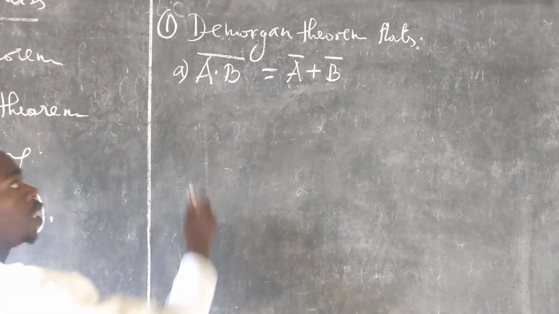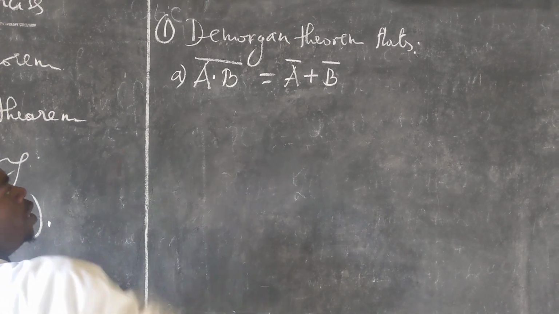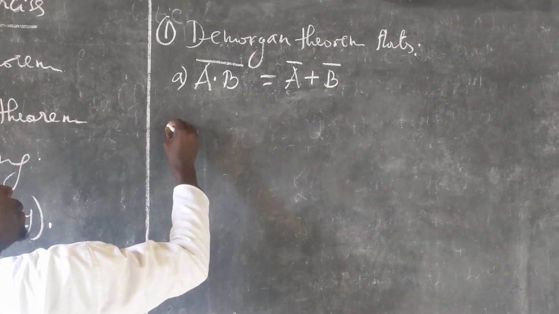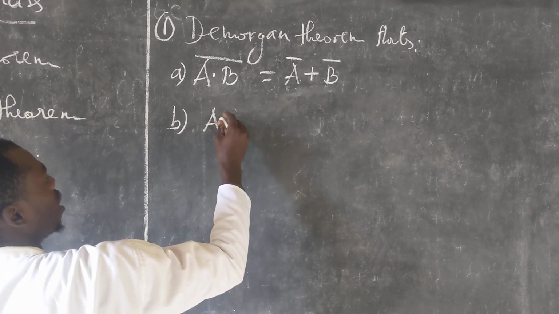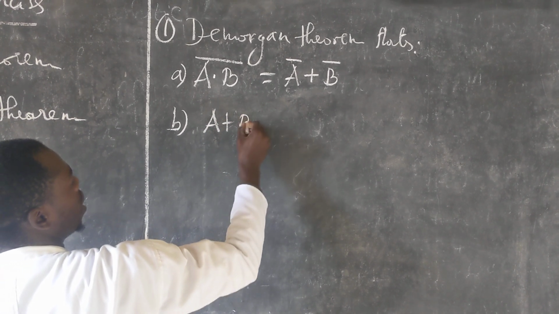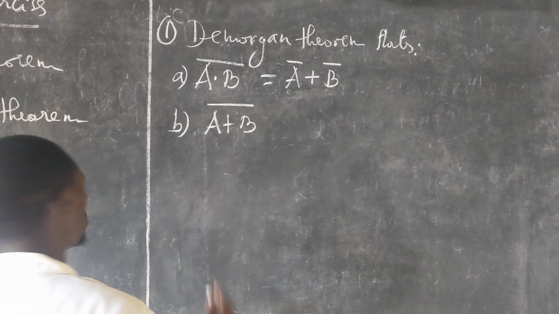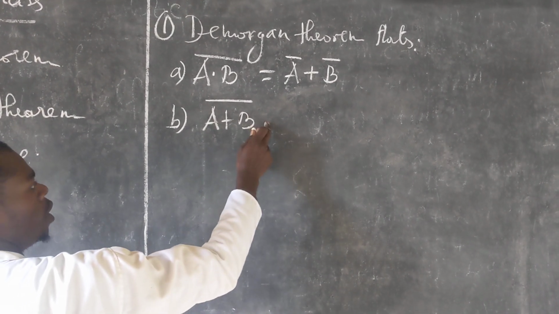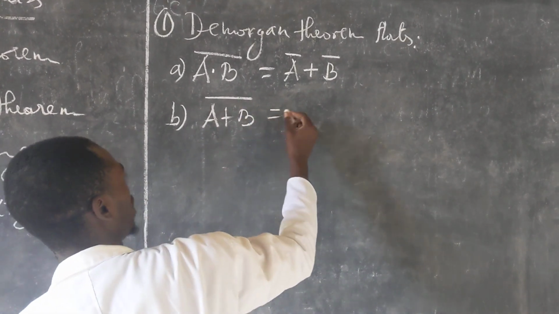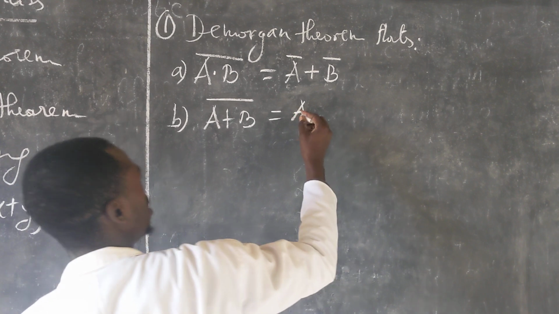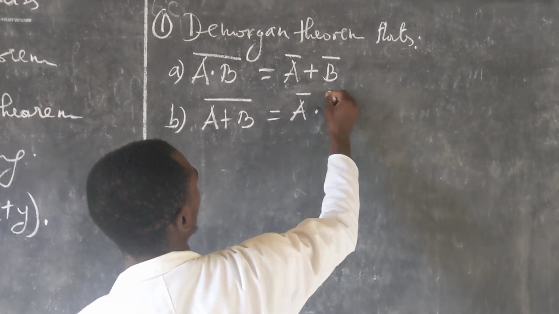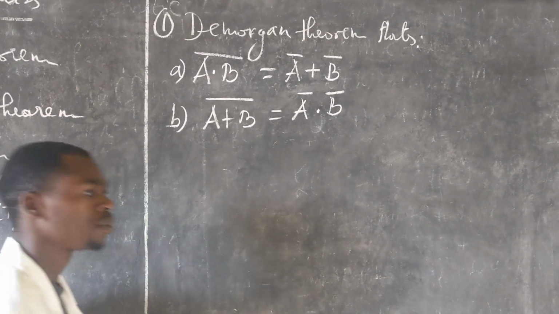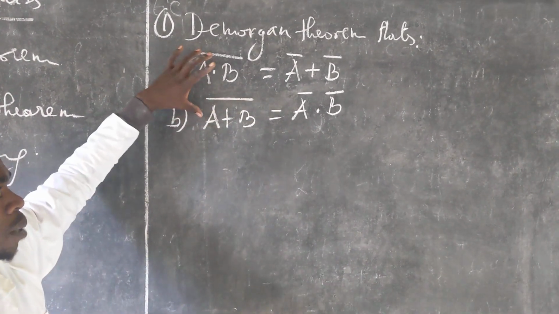Now, B states that A plus B negation, so this is A or B, negation, is equivalent to A negation cross B negation. So this is De Morgan's theorem.